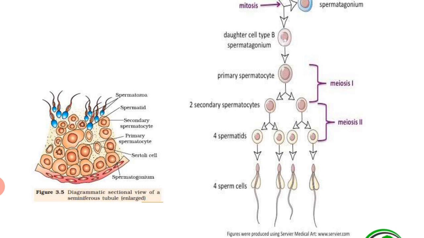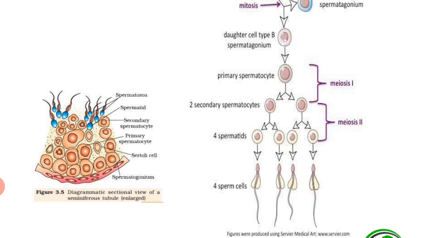That is called spermiation. Then beside this diagram, you can also see the schematic representation of spermatogenesis, which may be asked as a 3 marks question: give the diagrammatic representation of spermatogenesis. Here they have systematically mentioned, one by one, the steps of spermatogenesis.